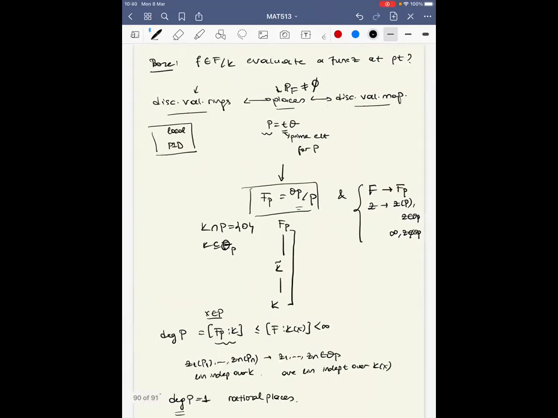And the other thing, we also introduced the discrete valuation maps. It's a kind of tool that measures the multiplicities of the zeros and poles.